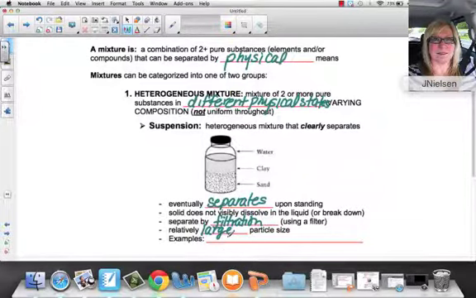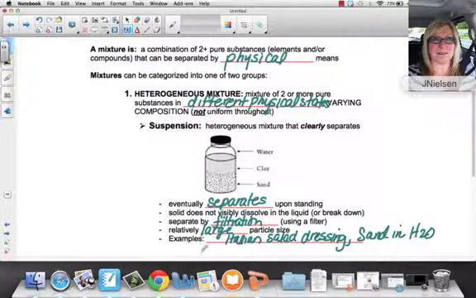So as I said earlier, this could be Italian salad dressing, when you have the oil, vinegar, spices. It could be sand in water, and it could be chocolate chip cookie dough.